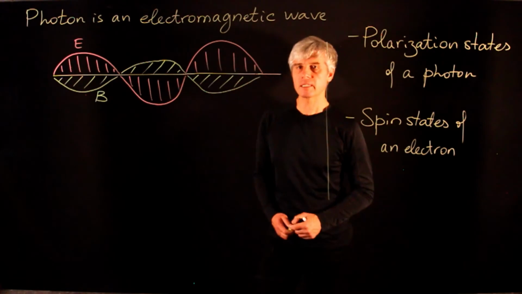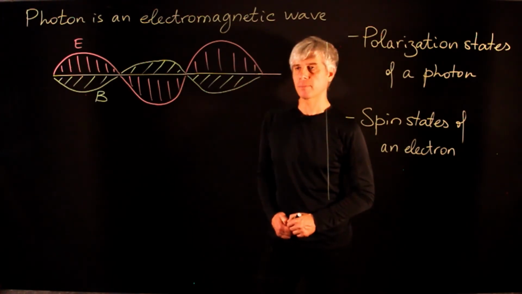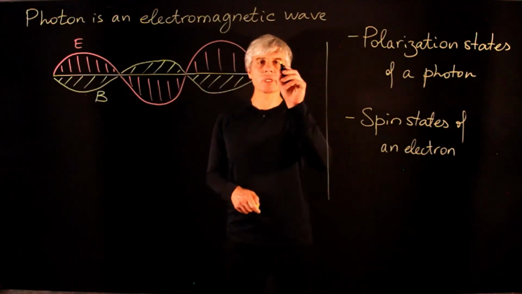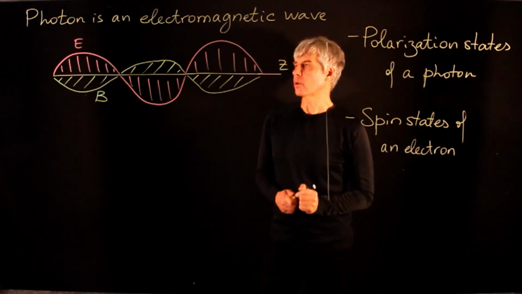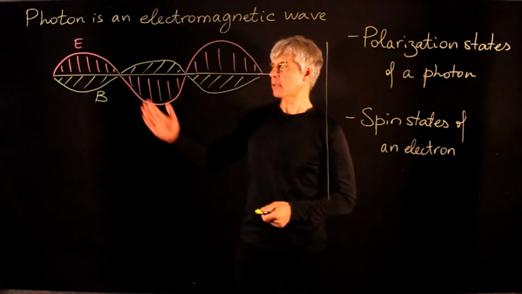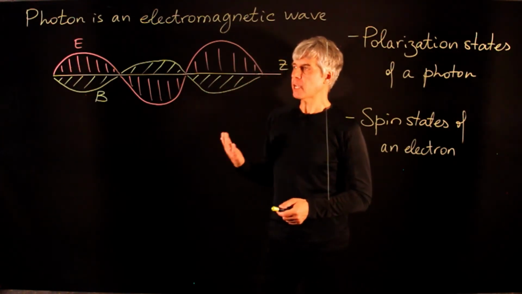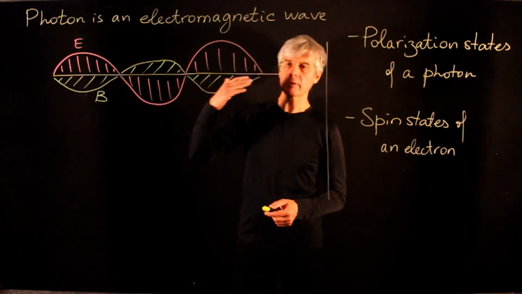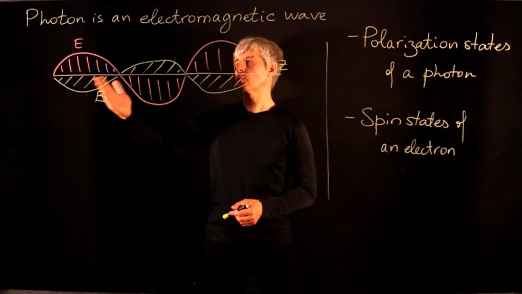A photon is simultaneously a particle and an electromagnetic wave. When we have a propagating photon, suppose it flies in the z direction, it creates an electric field and a magnetic field. The directions of the electric field and magnetic field are perpendicular to the direction of propagation of the photon and also perpendicular to each other.